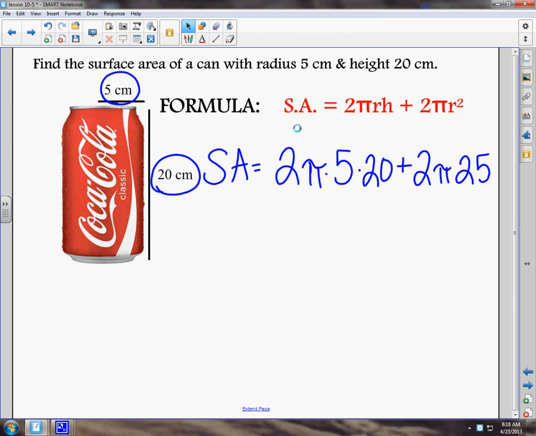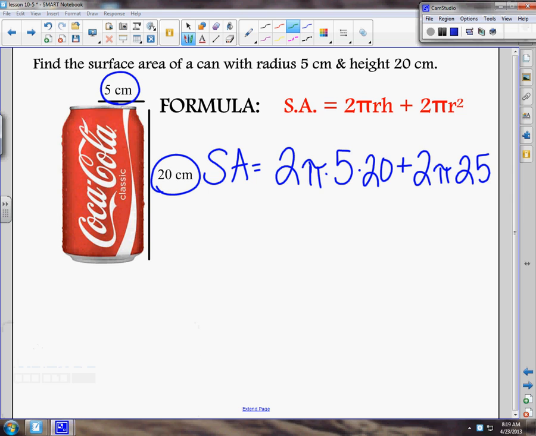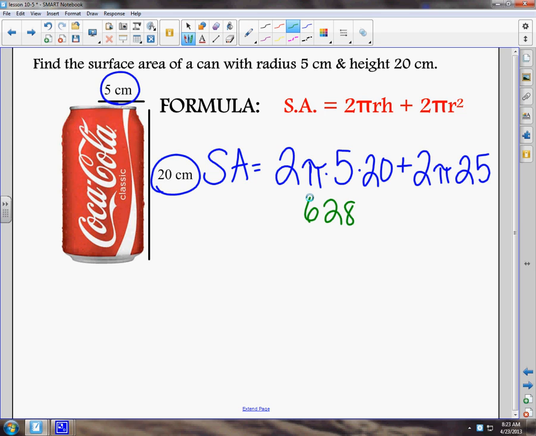So now I take out my calculator, I do 2 times pi, and you can use 3.14 or you can use your pi button. It doesn't matter. 2 times pi times 5 times 20 equals 628.3, plus 2 times pi times 25 is 157.1.